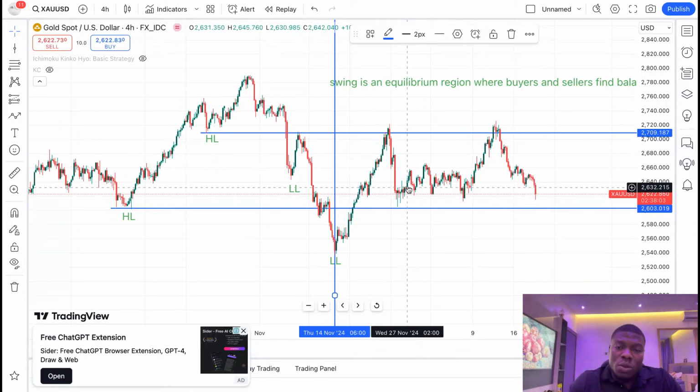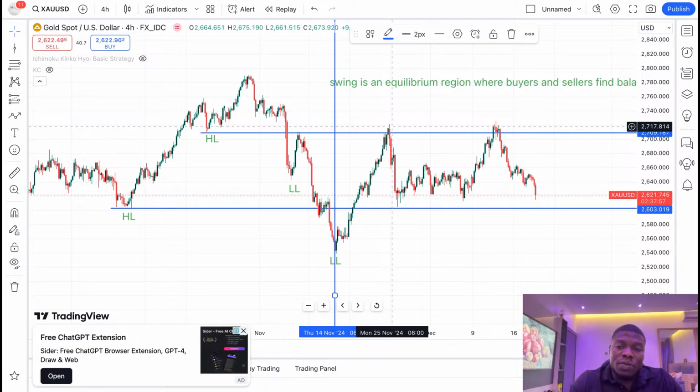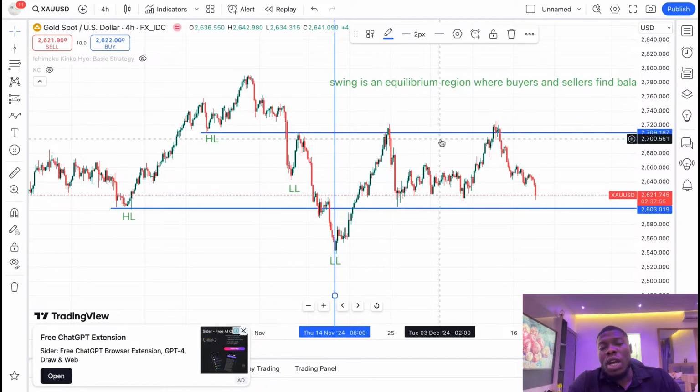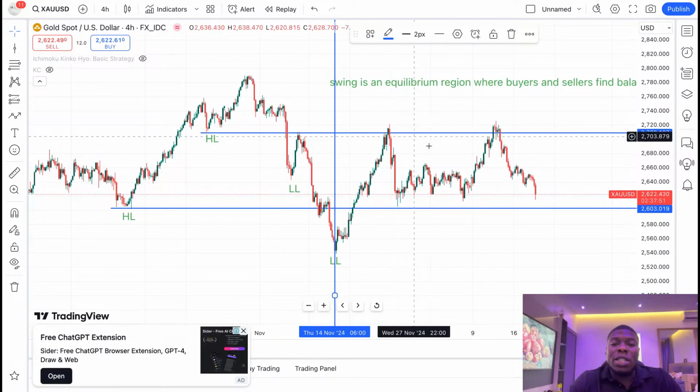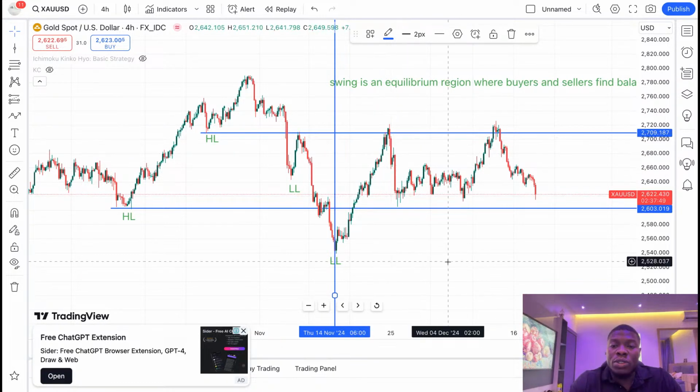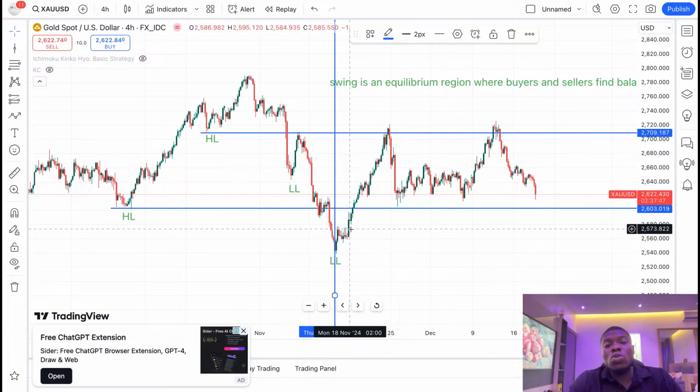So now we've already had our downtrend on 4 hours. But we can't just make our analysis on 4 hours, because the market is still looking to continue on a downtrend. So we'll need to go down to either 1 hour or 15 minutes. Sometimes I go down straight to 15 minutes to look out for an entry.